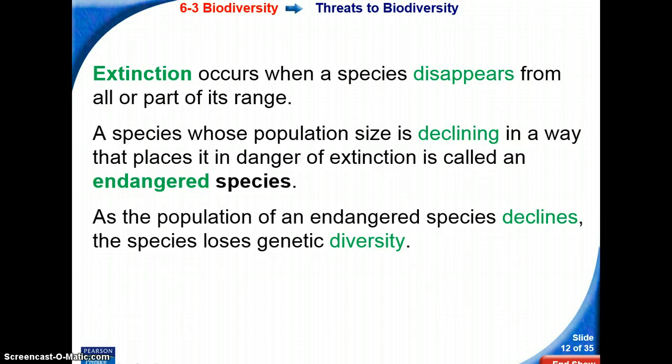And as the population of an endangered species declines, the species loses genetic diversity, which then is going to inhibit the species from reproducing and being able to reestablish the species as a whole. So it's very, very dangerous to get rid of some of these things, because then we're going to run out of that natural resource that we have, like I said, for those different foods and products and medicines.